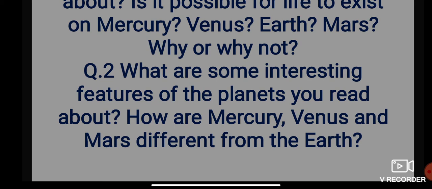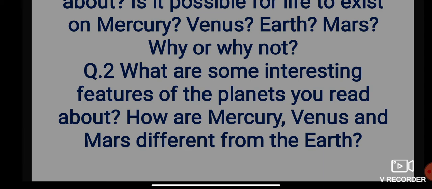Remember, a day on Venus lasts longer than a year, and the Earth is the only planet in the solar system that has life on it. Remember that the Earth is the only planet among the four inner planets that has life on it. And Mars has the largest dust storms in the solar system.